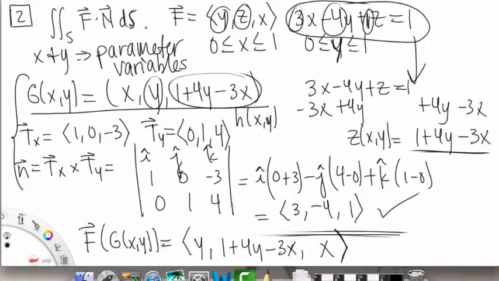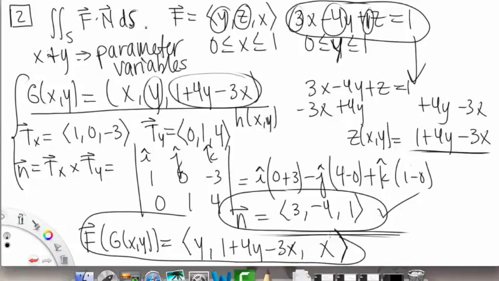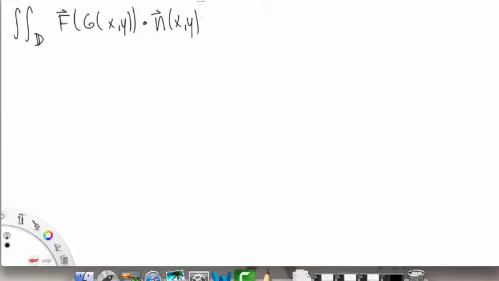Okay, so again, this is our normal vector here. We're going to take this and the line that I just calculated, and dot them together in our integral. The format here is the integral over d, where d is our parameter domain, of f of g of x and y dotted with n of x and y, but there's no x and y in the normal, it's just numbers, and then dx dy.